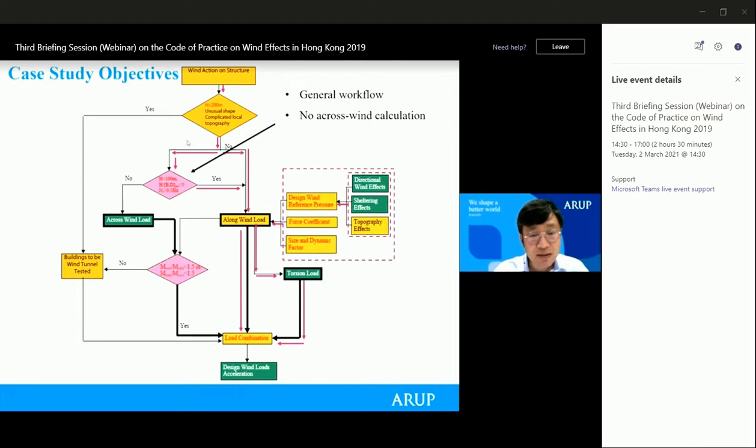Another key point we want to highlight is a special feature of this case: we intentionally select a short building. So for this case, we also demonstrate that when particular conditions are satisfied, the crosswind checking doesn't need to be applied, so the along wind will govern automatically. And another point we highlight is that from this working example, we give a detailed example of how to calculate the shattering effect.